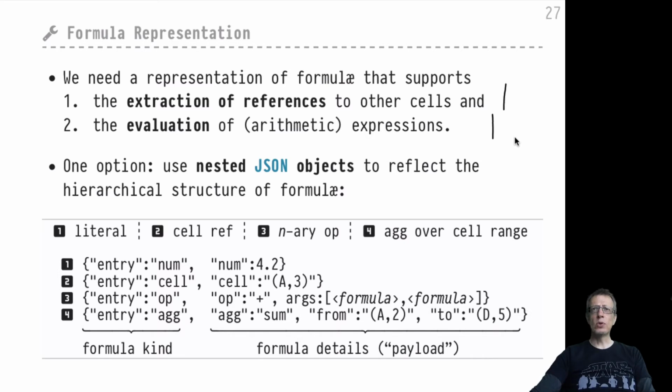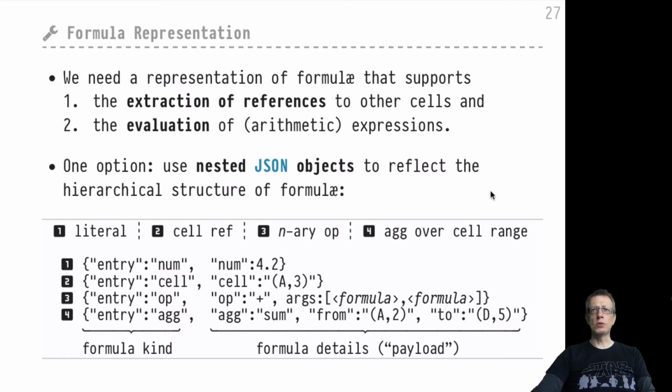We have talked about the representation of such expressions before in the course, and indeed we were using JSON objects to do just that, and I would propose to adopt this method here too, and have a spreadsheet representation in which all of the cells carry JSON objects that we use to represent the hierarchical structure of formulas.